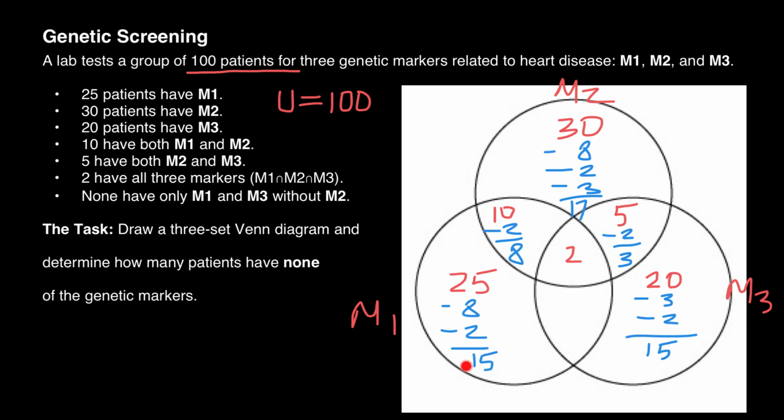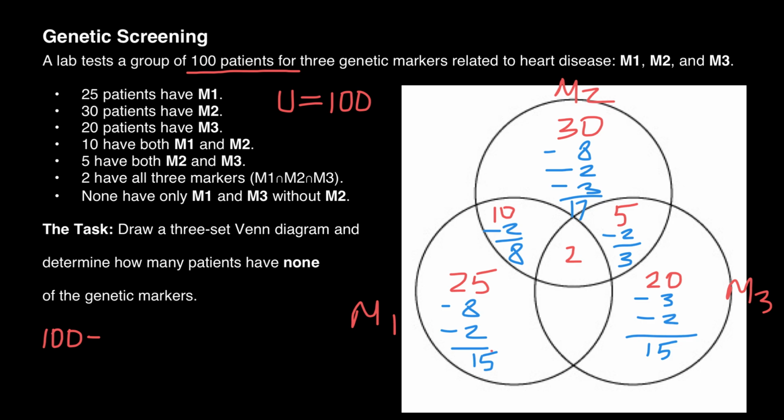Now, when we know all the numbers in each sector, we can easily find the number of people who don't belong to any of the sectors, knowing that the total number of people is 100. So basically it's going to be 100 minus the number of people in each sector.